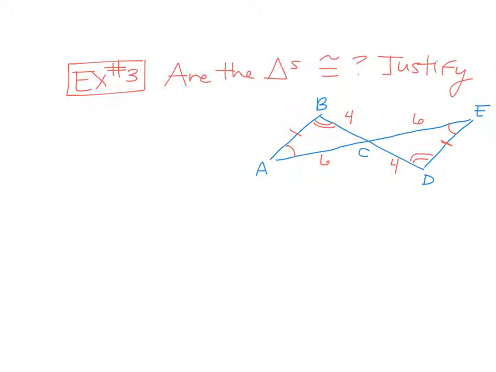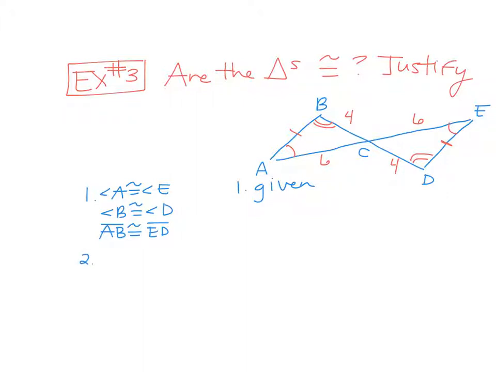So that means for my first step, I can say angle A is congruent to angle E. I can say angle B is congruent to angle D. And I can say AB is congruent to DE, ED, doesn't matter what order you put that in, okay? So I'm allowed to say those three things because of the markings. We call that given. So your reason for number one is it's given, okay?